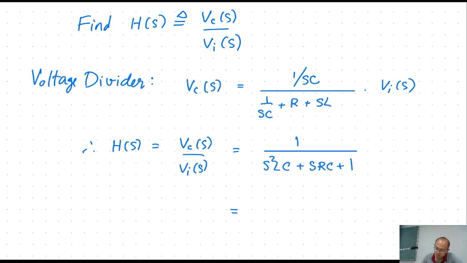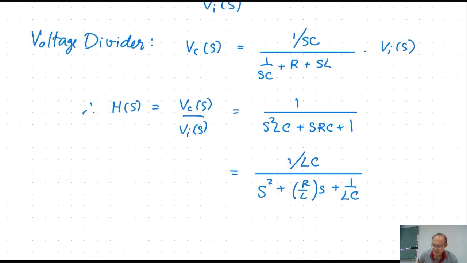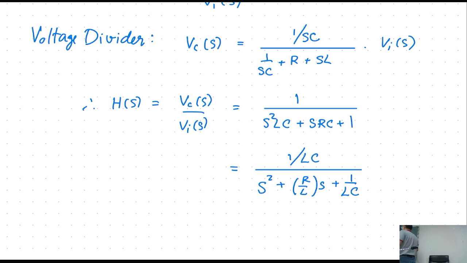And that is 1 over LC divided by S squared plus R over L S plus 1 over LC. So this is the transfer function of this circuit.